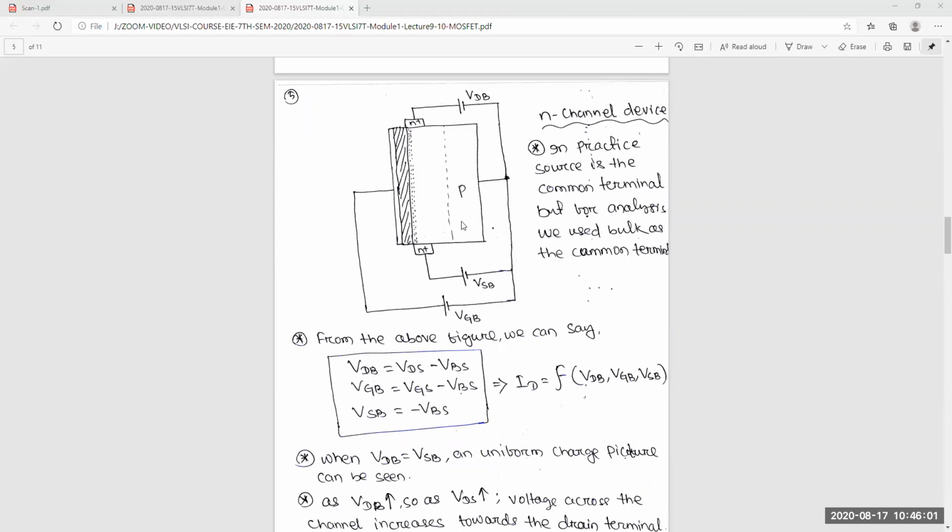In different books, different notations and nomenclatures are used, so don't get confused by that. Just apply your understanding. Whether it's Kahn, Muller-Kamins, or Neamen, their approach, nomenclature and notations will be different, but your basic understanding should be the same. Everyone discusses the same thing in different ways, and I'm also discussing the same thing in a very detailed and basic way.